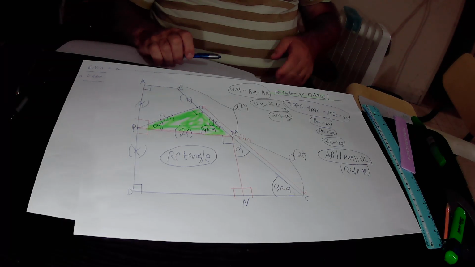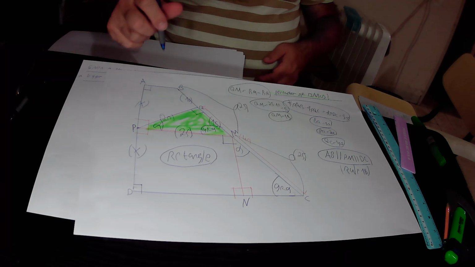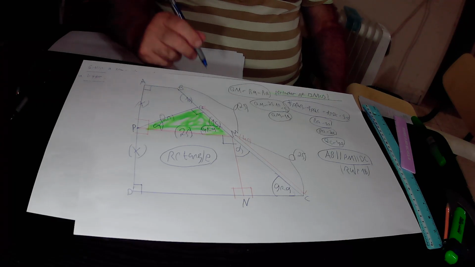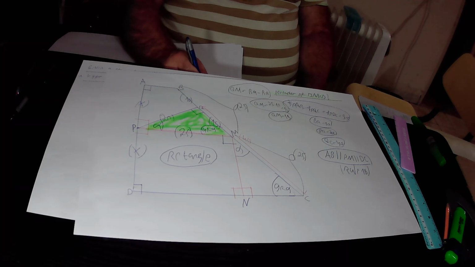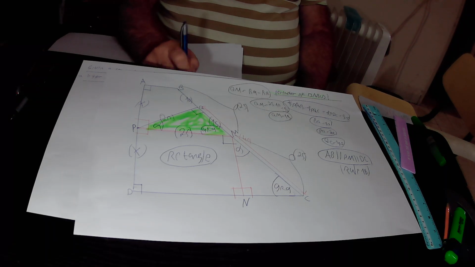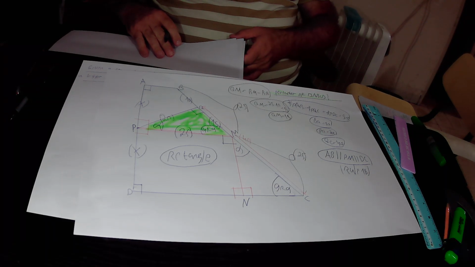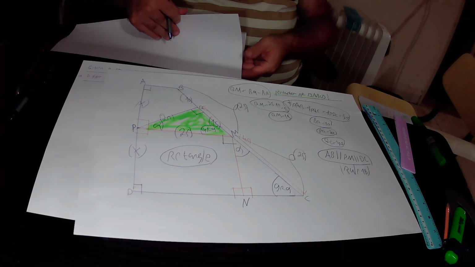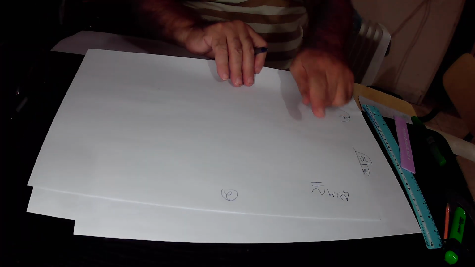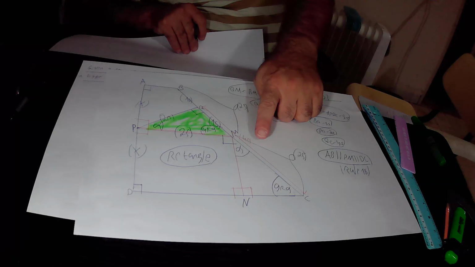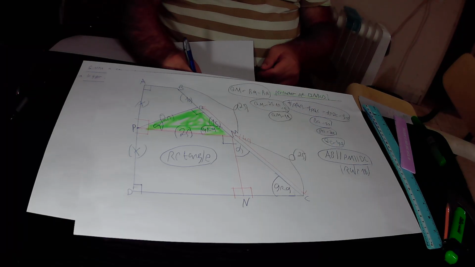So already now we found out that this green right triangle PQM is congruent to this right triangle MNC according to the angle side angle rule.